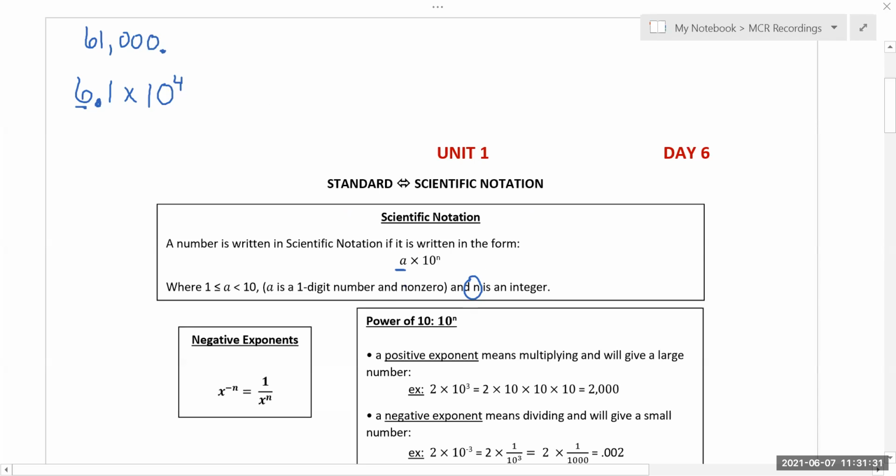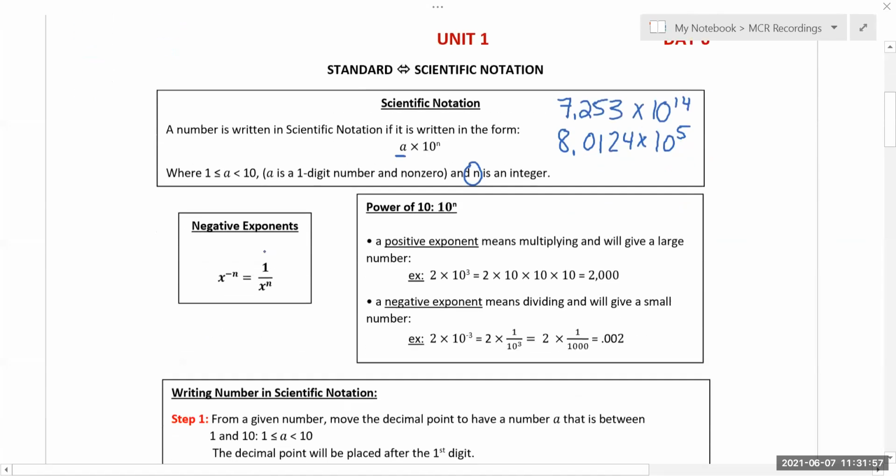Other examples of scientific notation would be maybe 7.253. You just don't put the remaining zeros, but you can have zeros in the middle. So it could be 8.0124 times 10 to the 5th. And these are just easy ways to write really large numbers so that they're easier for us to comprehend.